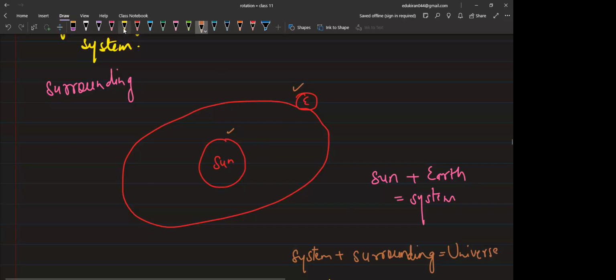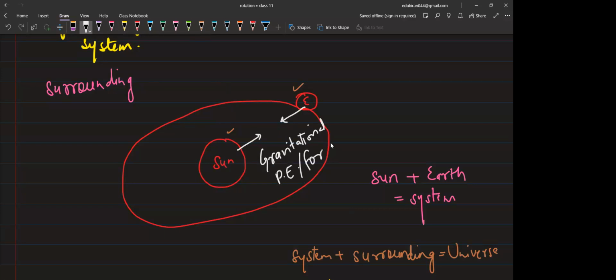Now look at this example. Suppose sun and earth exert gravitational forces on each other, and gravitational potential energy also. Moreover, we are talking about forces right now. So these gravitational forces are considered as the internal forces of the system.